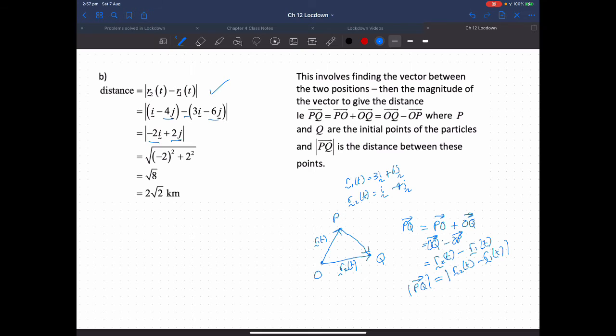That is, I'm going to take the negative 2 and square it, and the 2 and square it, all within a square root sign. Negative 2 squared is 4, 2 squared is 4, 4 plus 4 is 8, so it's the square root of 8, which is 2 root 2, and the units we were using for distance was kilometres.